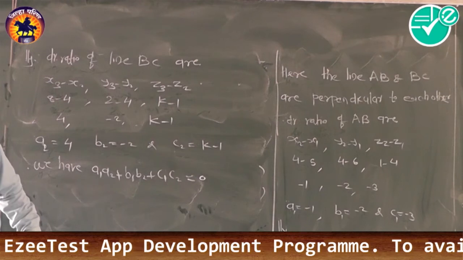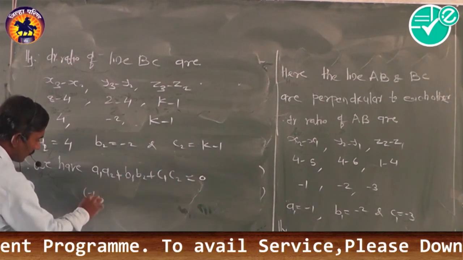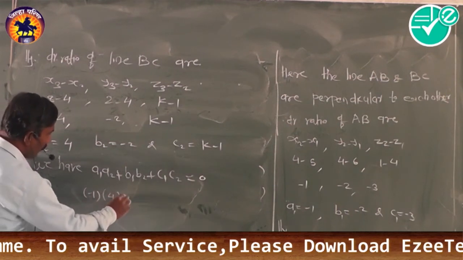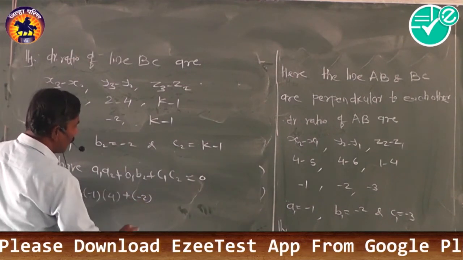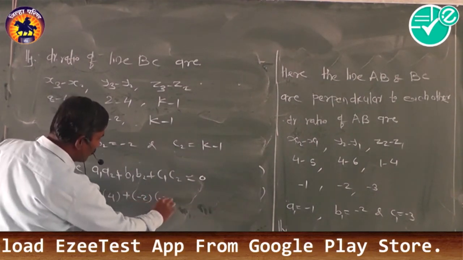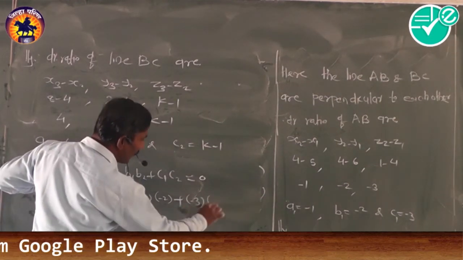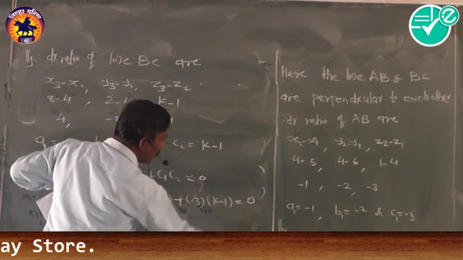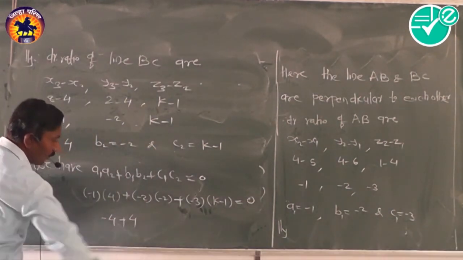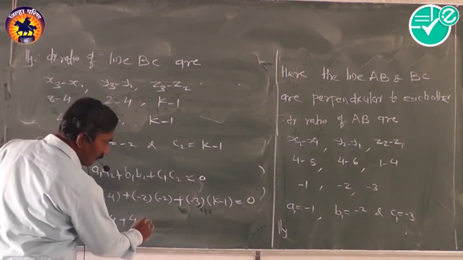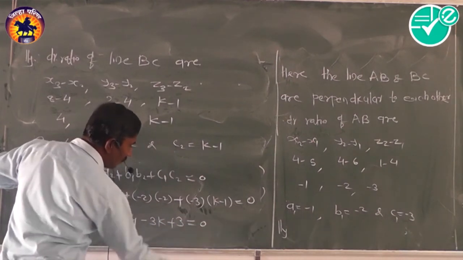Substituting, A1 is minus 1, A2 is 4, B1 is minus 2, B2 is minus 2, C1 is minus 3, C2 is k minus 1, equal to 0. So this is minus 4 plus 4 minus 3k plus 3 is equal to 0.